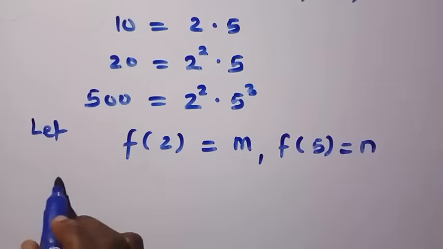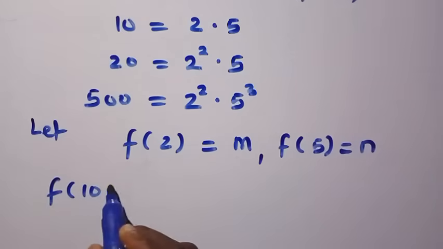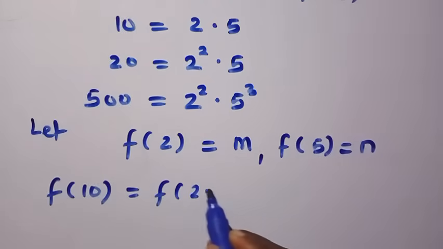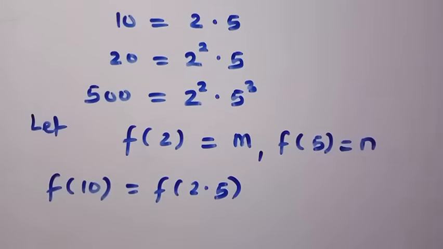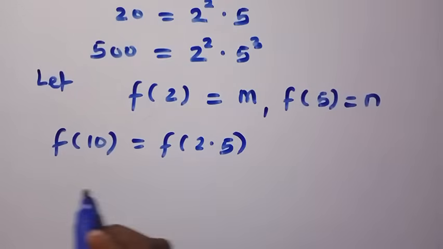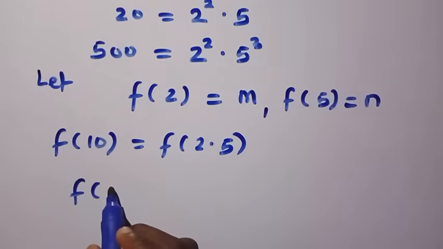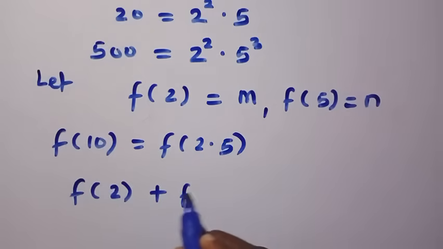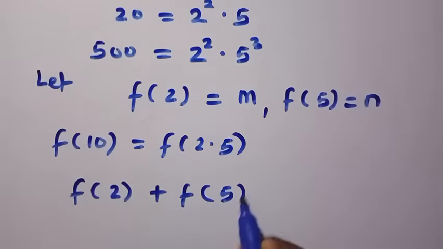By starting from f of 10, using the template above, we have f of 2 times 5. But f of x times y is given as f of x plus f of y. Then applying this expression, we are going to have f of 2 plus f of 5.